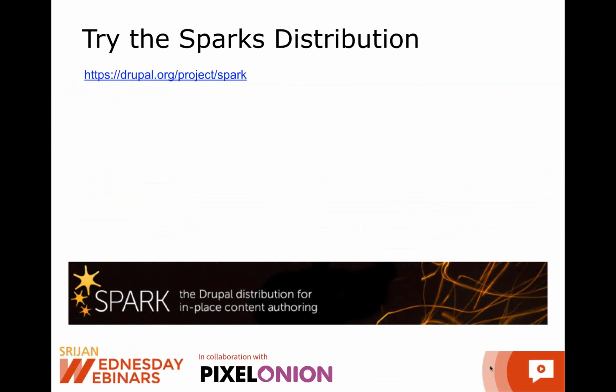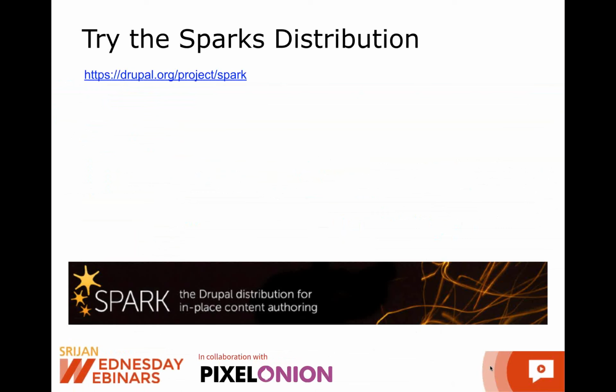Acquia is basically the enterprise hosting and support arm, founded by Dries. They created the Sparks distribution, which is a consolidator of modules and configuration that shows improved content author experience in Drupal. You can download this Sparks distribution and give it a try. But I've gone through this distribution and taken out some of the modules that we can just install right away.